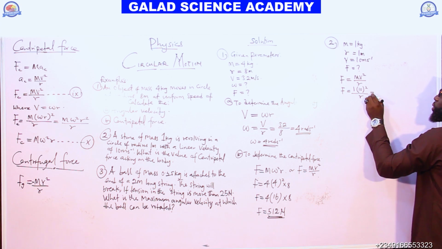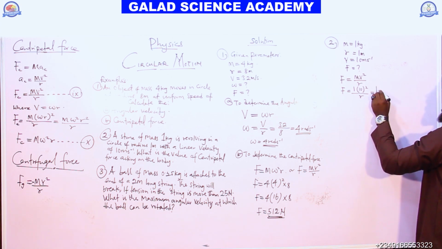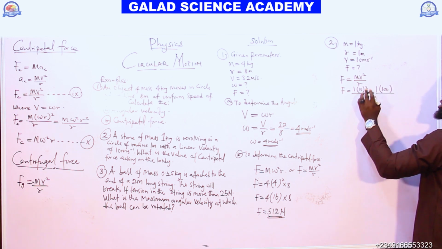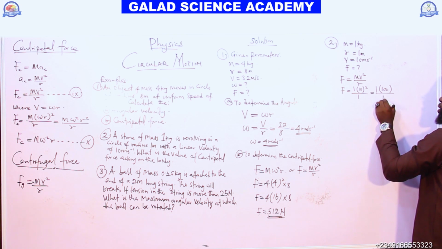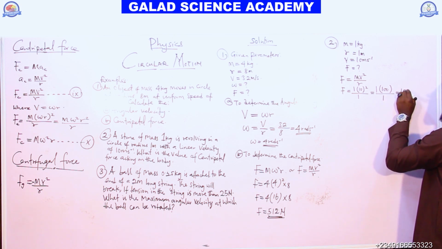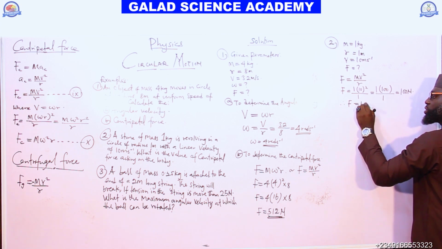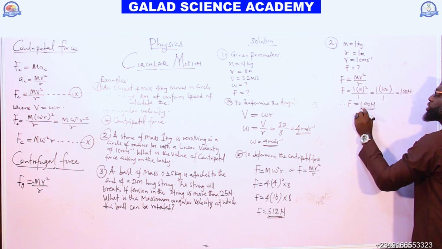So we have 1 times 10 squared, which is 100, over 1, and we get 100 Newton. Therefore, the centripetal force is 100 Newton.